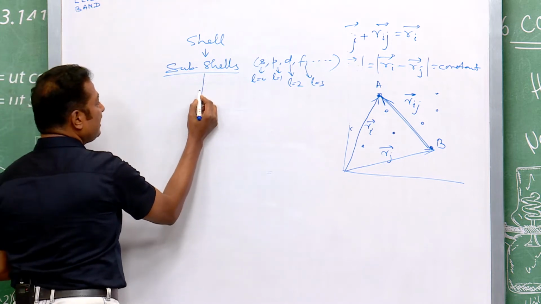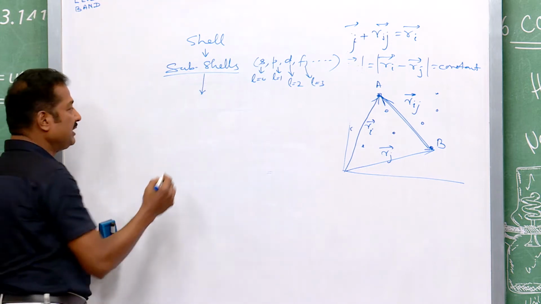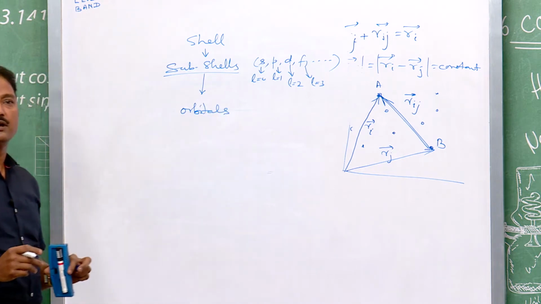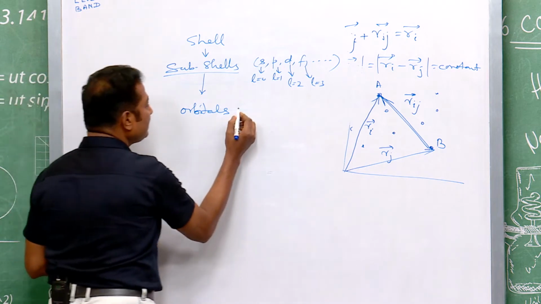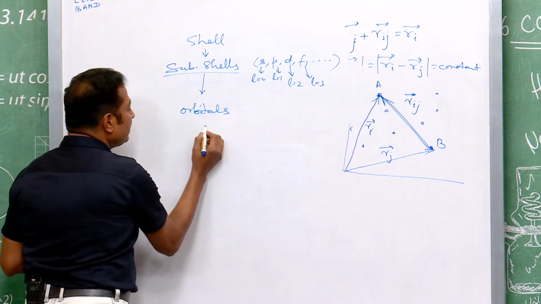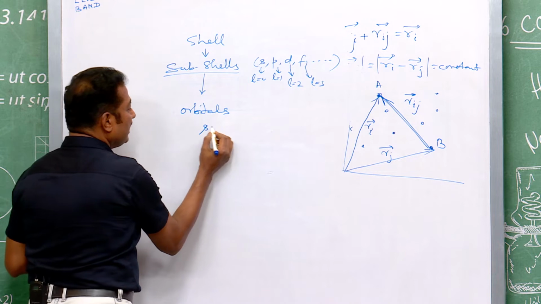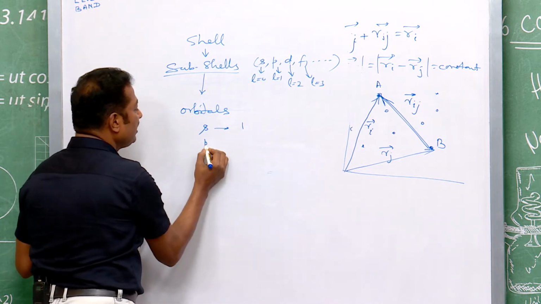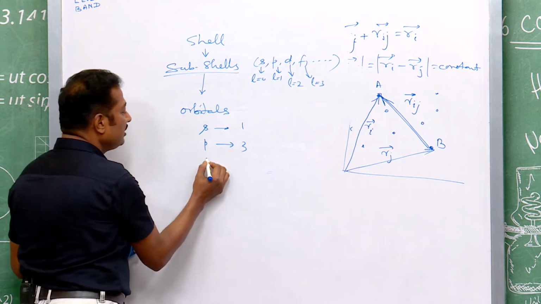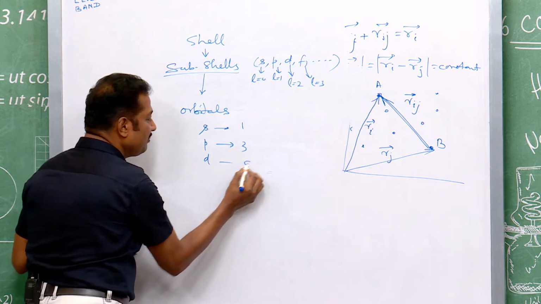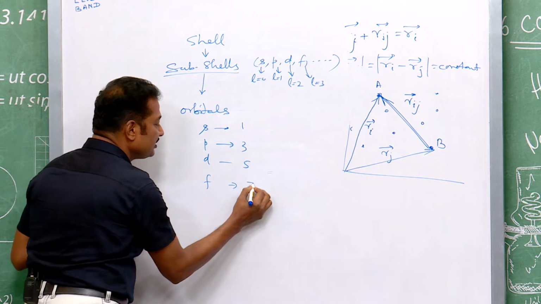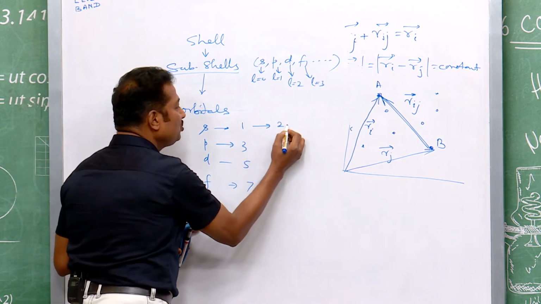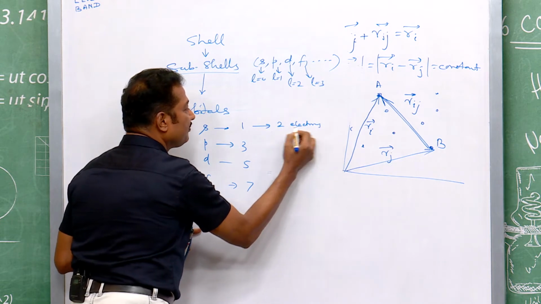A subcell contains orbitals. Suppose the S subcell contains 1 orbital, P contains 3 orbitals, D contains 5 orbitals, F contains 7 orbitals, and each orbital takes 2 electrons at a time.